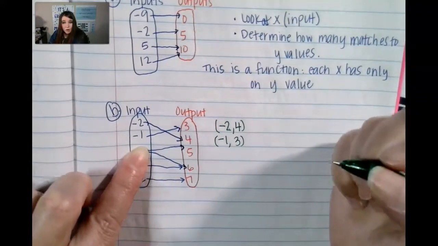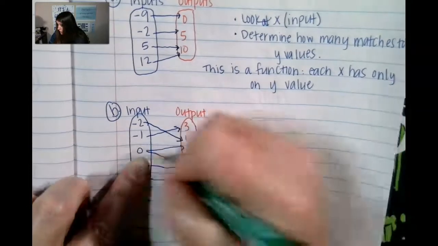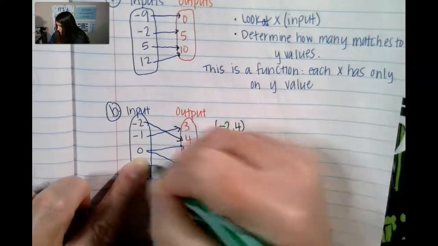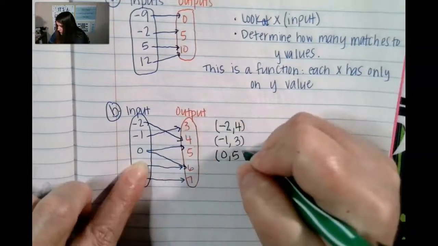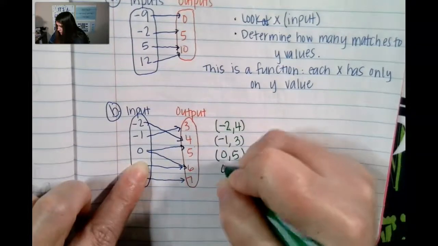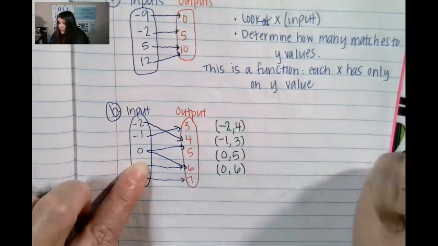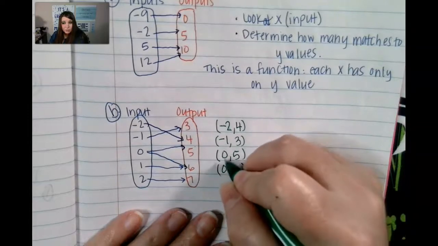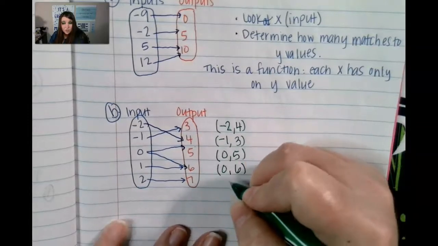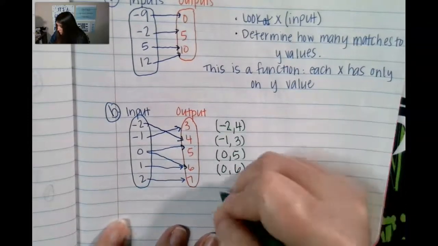So far, we're on a function. This one, 0 to 5. And there's another one here, 0 to 6. It is not a function right now because we have duplicate x's. We have two of the same x value.